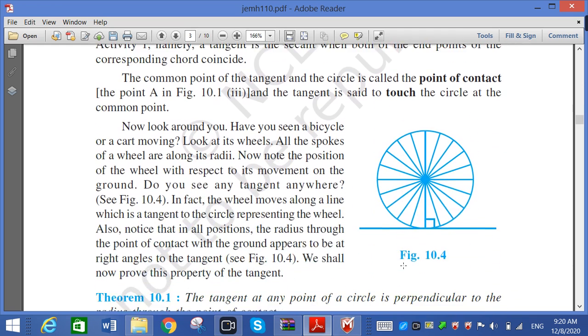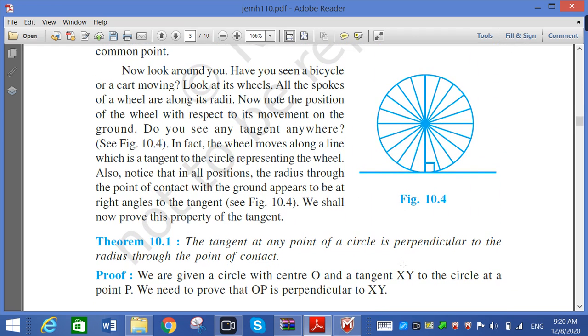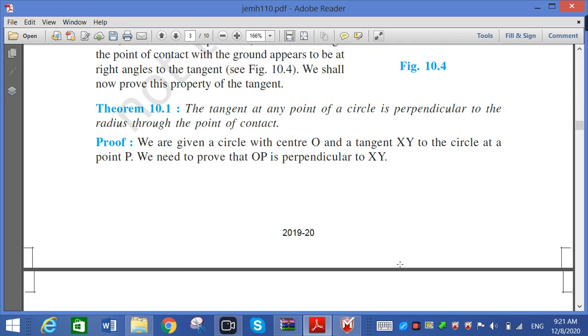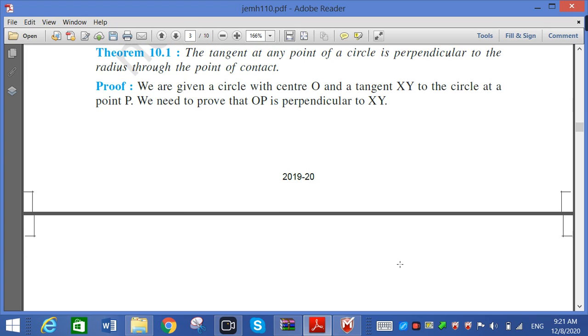Now we go for theorem 10.1. So, an important theorem related to it, that is 10.1. First of all we have to write what theorem 10.1 is. Theorem 10.1: the tangent at any point of a circle is perpendicular to the radius through the point of contact.